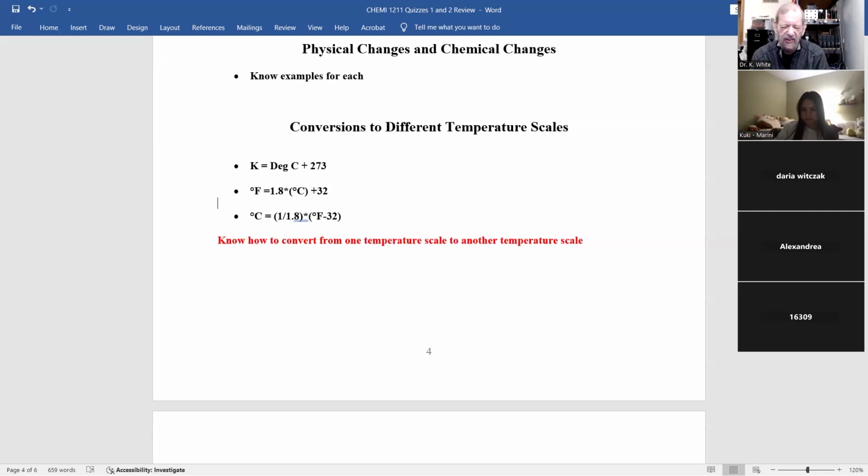Some students or teachers will say, well, if you have so many degrees F, what's it in Kelvin? Well, first you have to convert the Fahrenheit to centigrade, C, and C to Kelvin. I don't do that. Now, let's take a look at one of these.